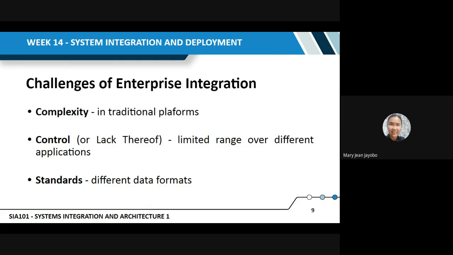So therefore, the business should be able to brief or discuss clearly sa IT developers about how the business operates. So para at least alam nila kung paano i-integrate yung business, and the management should be able to provide some control for the IT developers to be able to integrate the business.